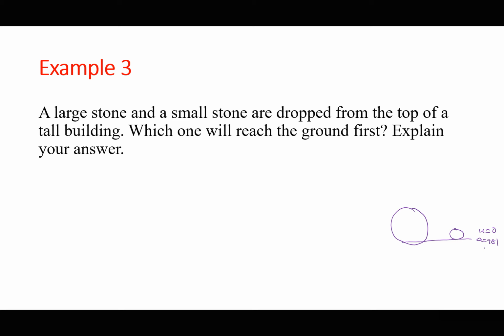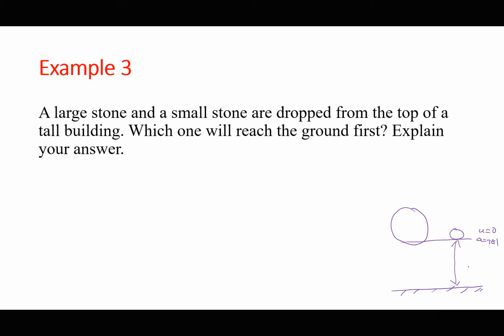Their speed after 2 seconds is going to be 2 times 9.81 meters per second. Their speed after 3 seconds is going to be 9.81 times 3 meters per second. That means the speed with which they reach here is going to be the same in the first place. Secondly, because in equal time intervals their speed is the same, they will automatically cover the same distance, and therefore they are going to arrive at the same time.